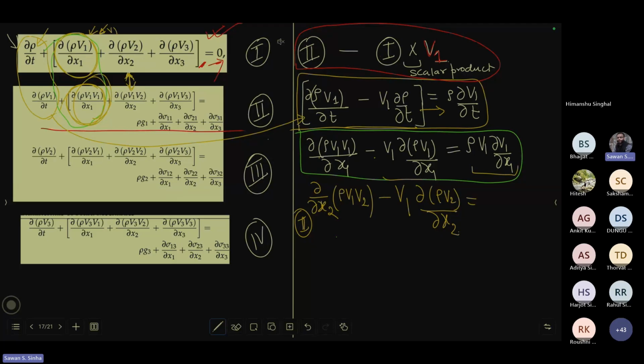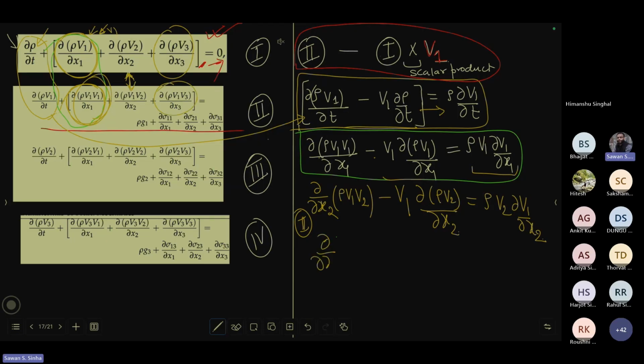I should get rho V2 del V1 del x2. And then I focus on this term here and this term here.